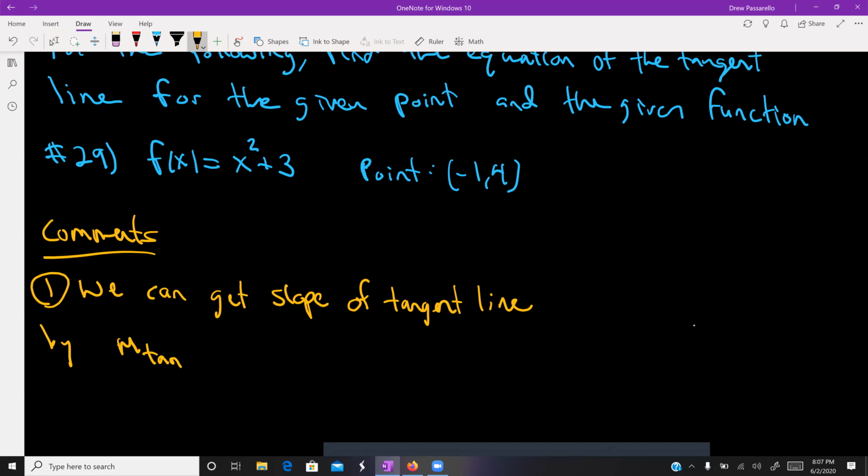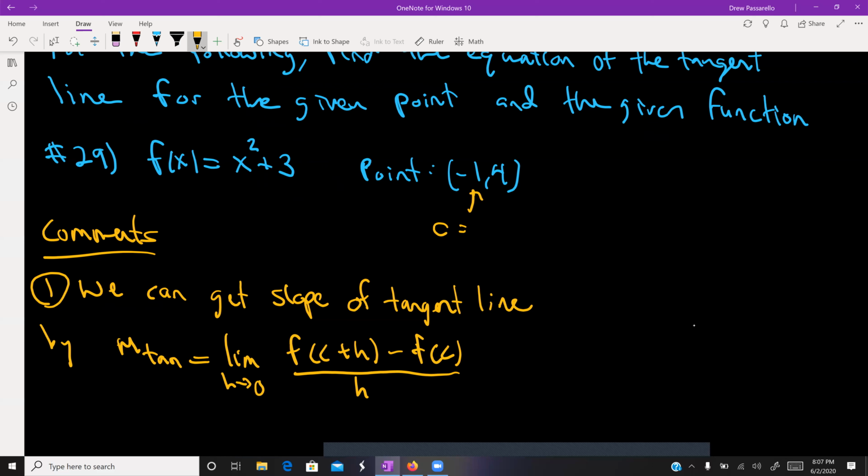slope of the tangent line, limit as h goes to 0, of f of c plus h minus f of c over h, and in this case, c is negative 1. F of c is f of negative 1, which equals 4, the y coordinate of the point.